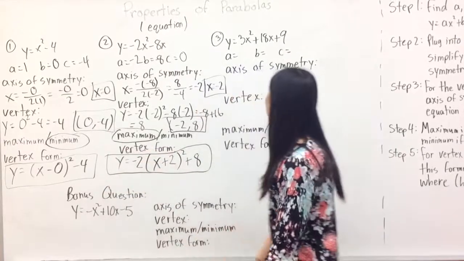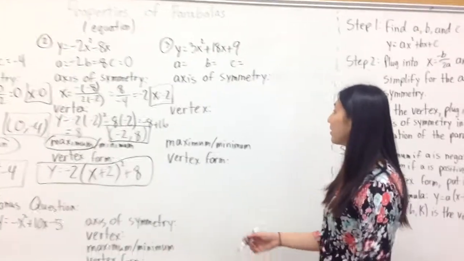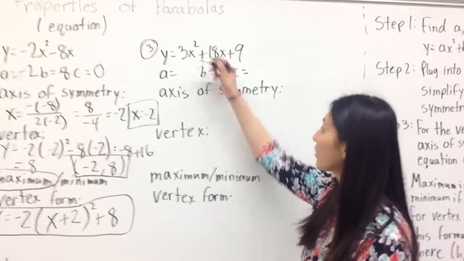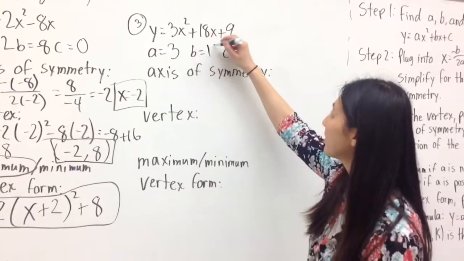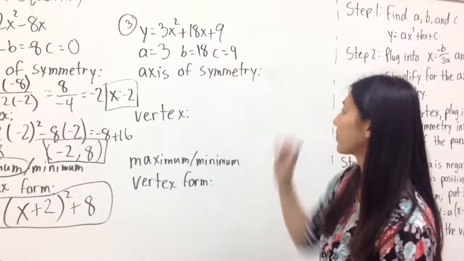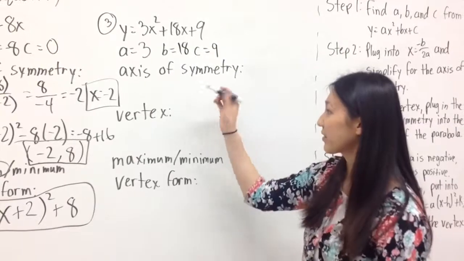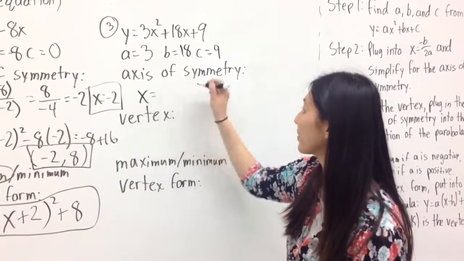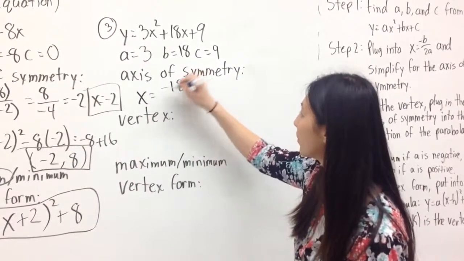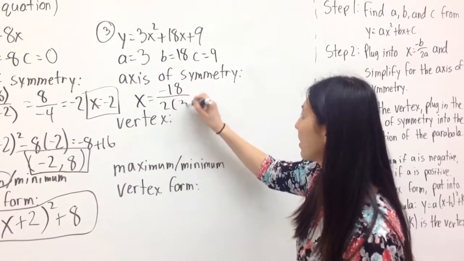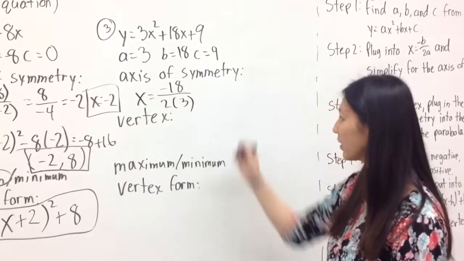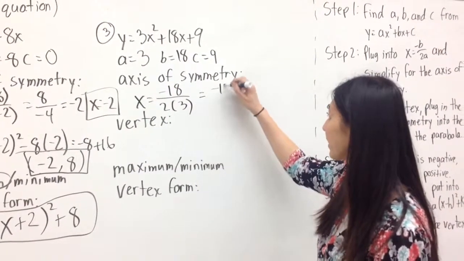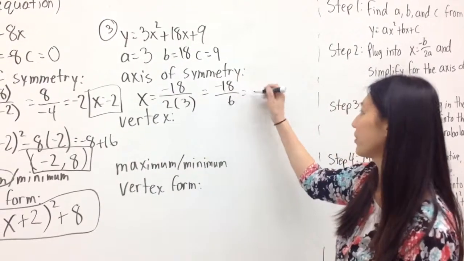Alright, let's look at my last example. So, A is 3, B is 18, C is 9. Alright, axis of symmetry. So x equals negative b over 2a. So this is negative 18 over 6, which gives me negative 3.